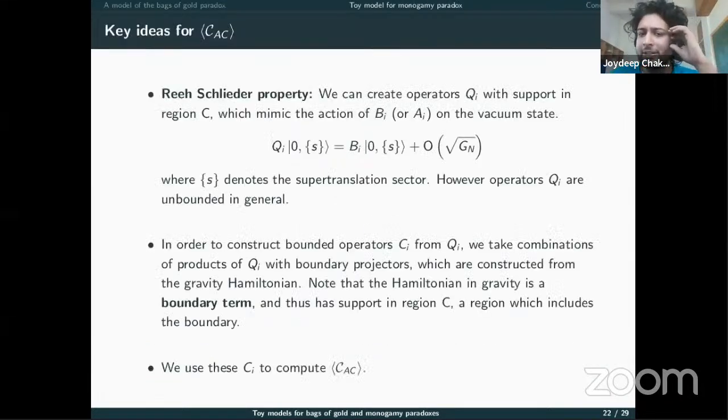Here, S denotes the supertranslation sector. However, these operators QI are unbounded, so we need to construct bounded operators CI from QI so that we can use them in CHSH correlations. To do that, we will use the fact that the Hamiltonian of gravity is a boundary term and construct observables using the same.